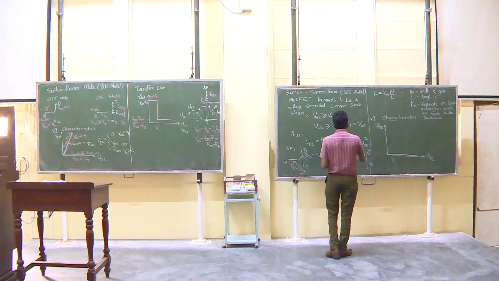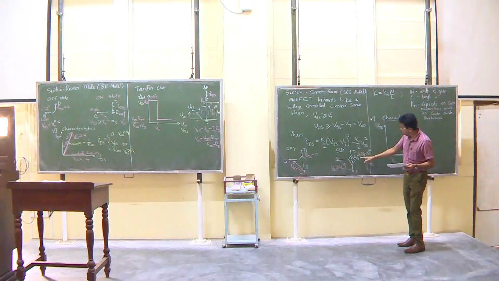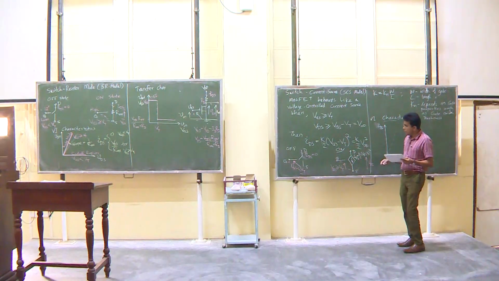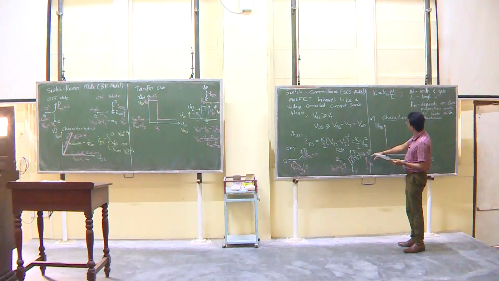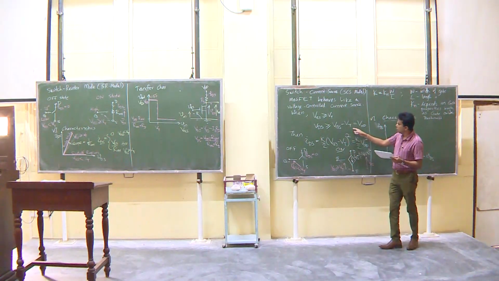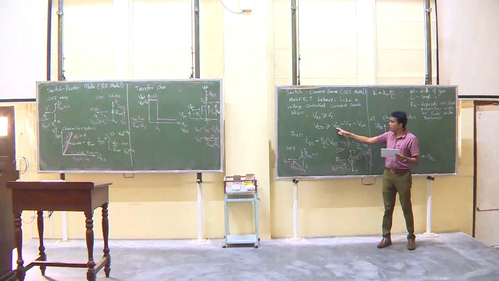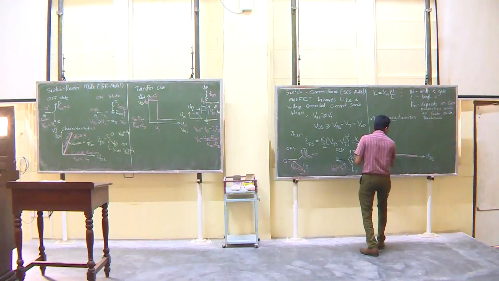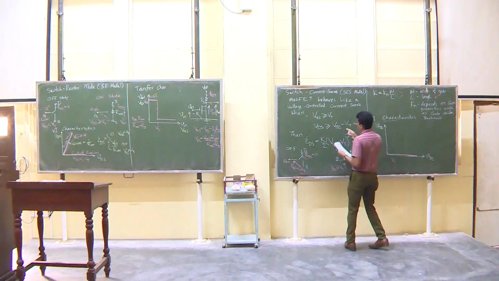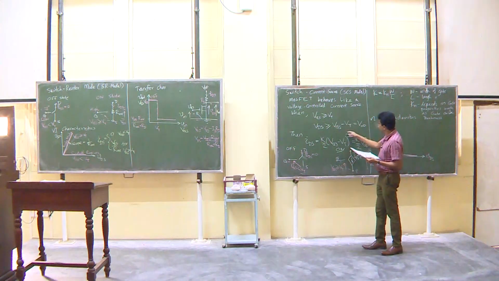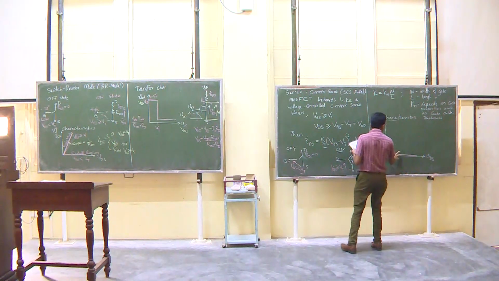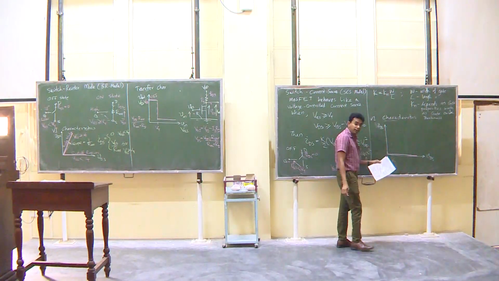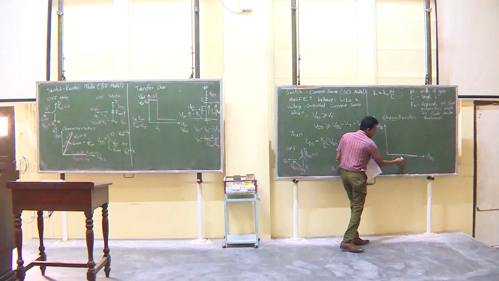Now, if you look at this particular equation, ID versus VGS, in order for this to actually operate, VDS has to be greater than VGS minus VT. So the VDS axis is this, and if we have a VGS value here, VGS minus VT is just this part.